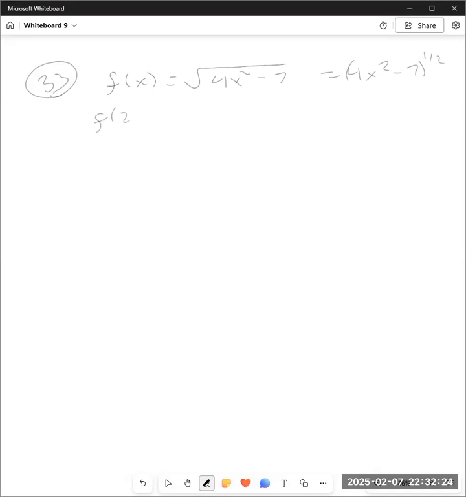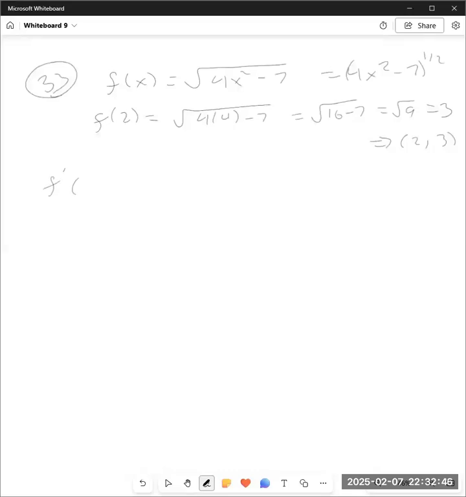I again want to find f of 2, so that's the square root of 4 times 4 minus 7. The square root of 16 minus 7 is the square root of 9, which is 3. So the point we're interested in is (2, 3).